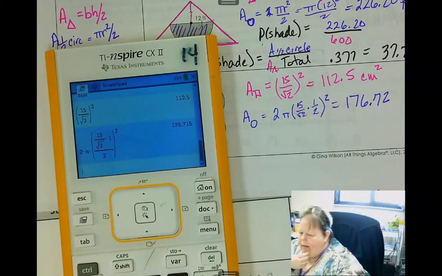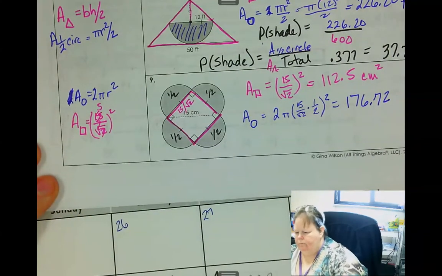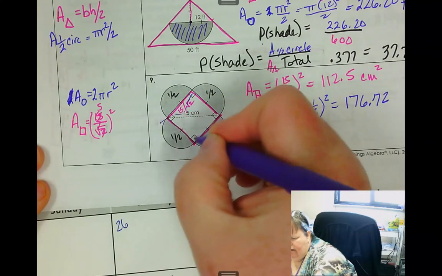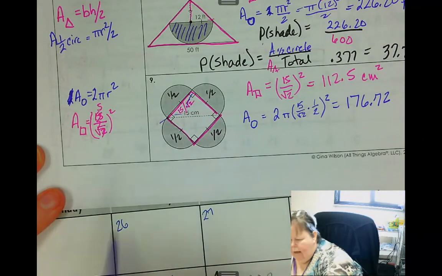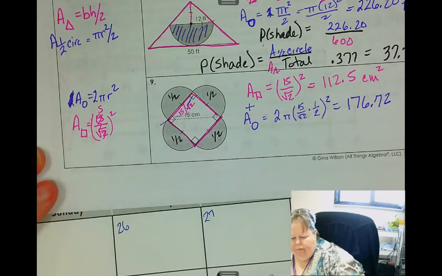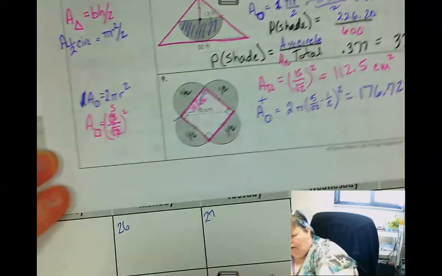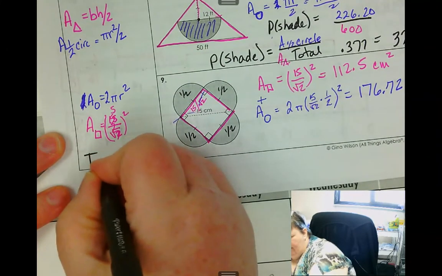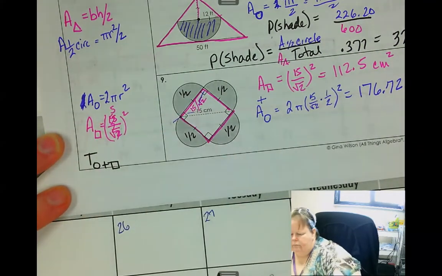Okay, now what is our total? Well, that would cover that, that would cover that, that would cover that. They overlap a little bit, but we would have to add the square plus the circle. Our total is the square plus the circle.